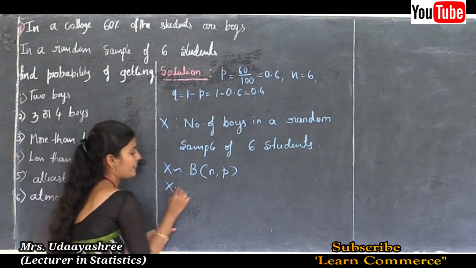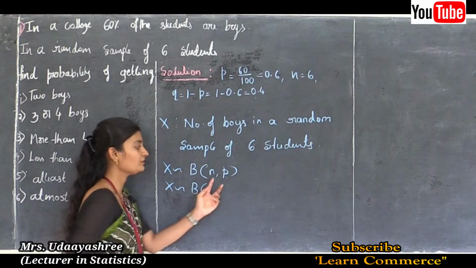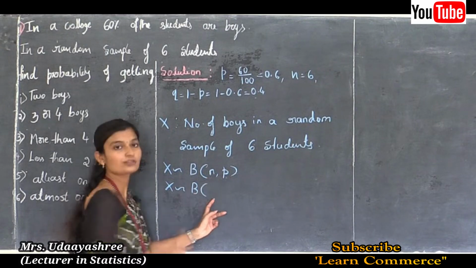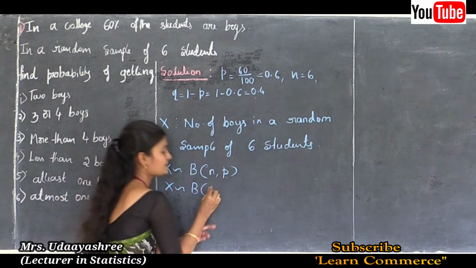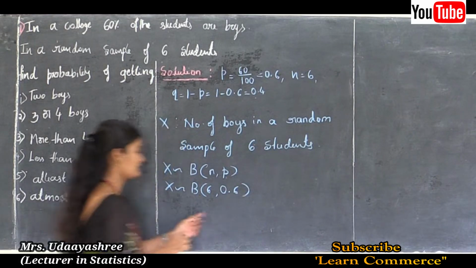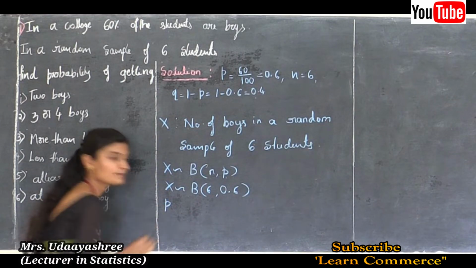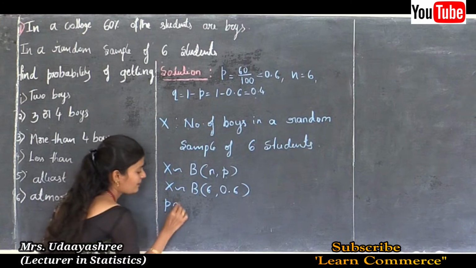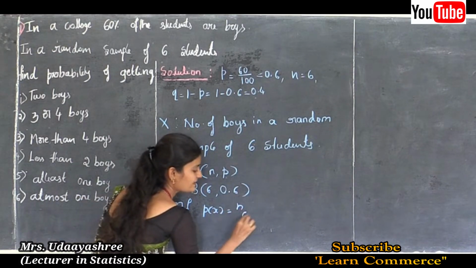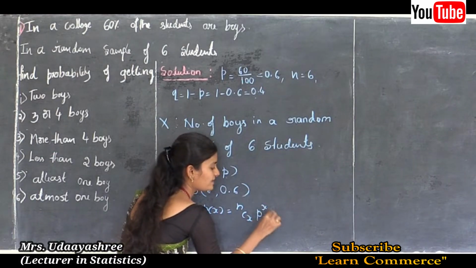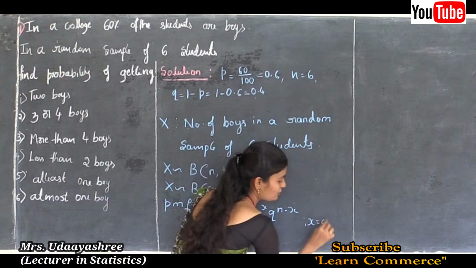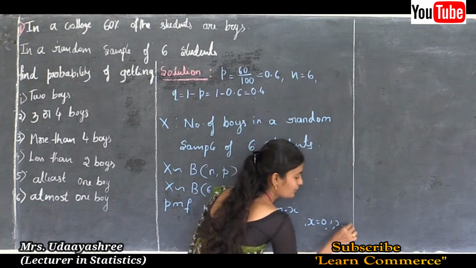Here we know the values of n and p, so I will substitute the values of n and p. Here n is 6, p is 0.6. Then I will write the PMF, that is the probability mass function: p of x is equal to nCx p to the power x q to the power n minus x, where x takes the values 0, 1, 2 up to n.